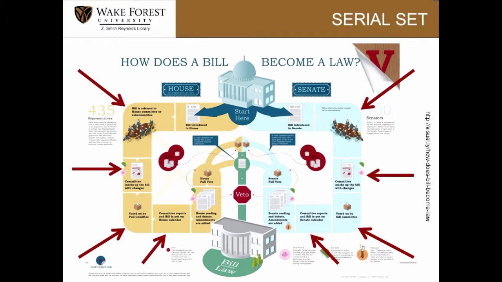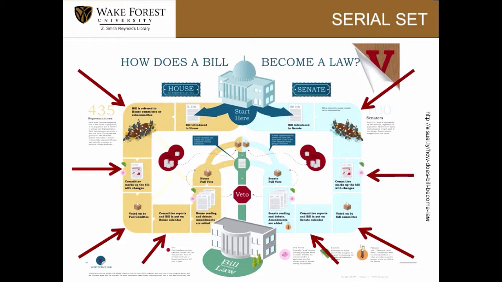So the serial set is a much wider and broader set of documents. Essentially, the serial set includes materials that come in anywhere from the committee point all the way through the report that the House or the Senate committee writes when they send the bill to the entire House or Senate for a vote.